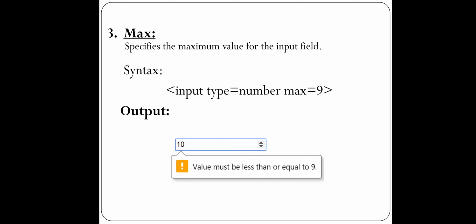Input type equal to number and max is 9, means here we have to enter a number, but the value must be less than or equal to 9, means you can enter a digit up till 9. After 9 it is not allowed. So the maximum range is what? Till 9 you can enter.